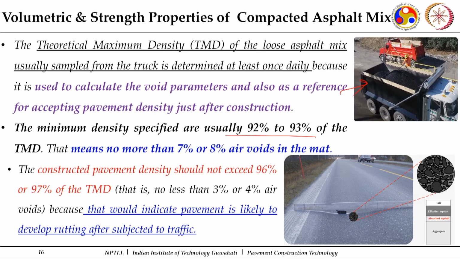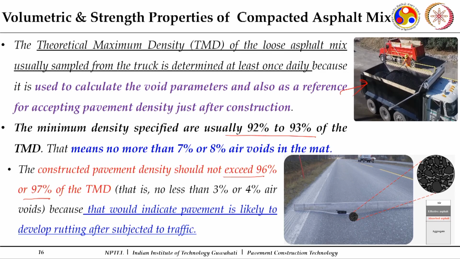in that case the mixes are more prone specifically to raveling, oxidation of binder will occur, and the mix will be prone to stripping also. So, the air void content should not be more than 7 to 8%. The constructed pavement should not exceed a density of either 96% or 97% of the theoretical, because we target an air void content after 2 to 3 years of service life of around 3 to 4%.